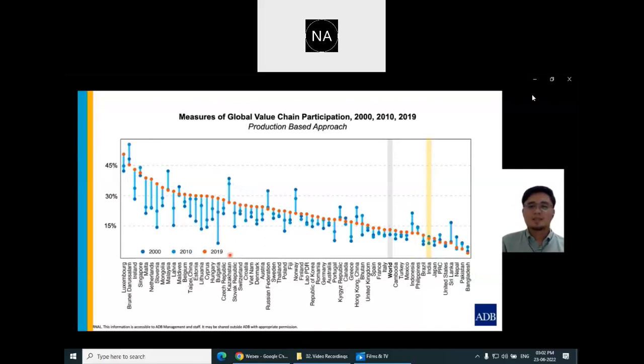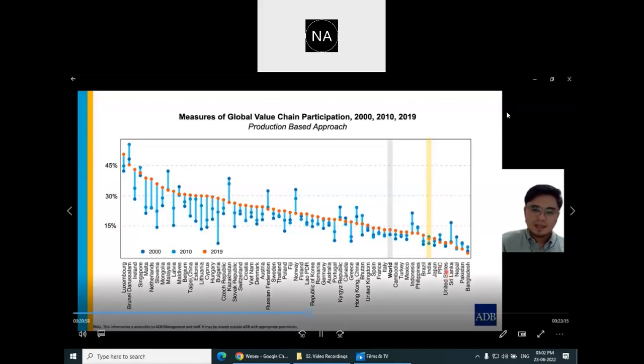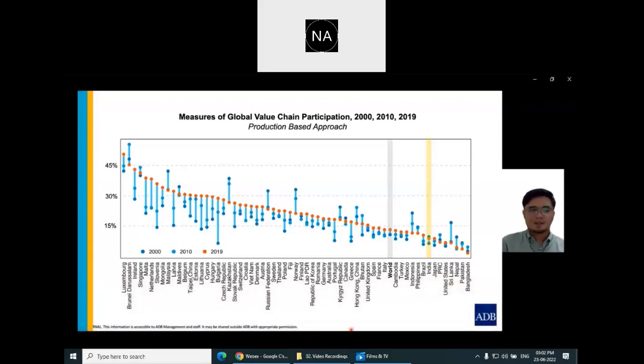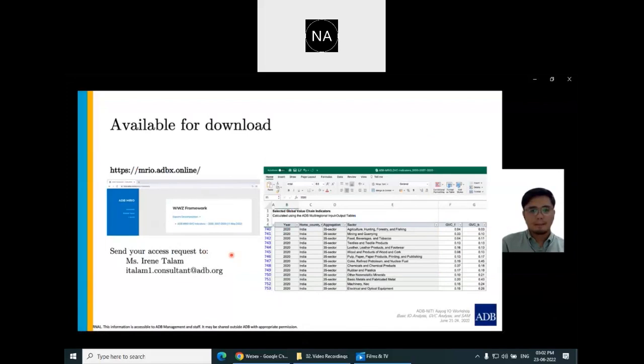The next chart shows the production-based forward GBC participation rates for the same set of economies and the same period. India's GBC participation still falls below the world average using the production-based approach. Nonetheless, India is ahead of some of its regional peers in South Asia in terms of GBC participation rate using the production-based approach. So it is ahead of Sri Lanka, Nepal, Pakistan, and Bangladesh.